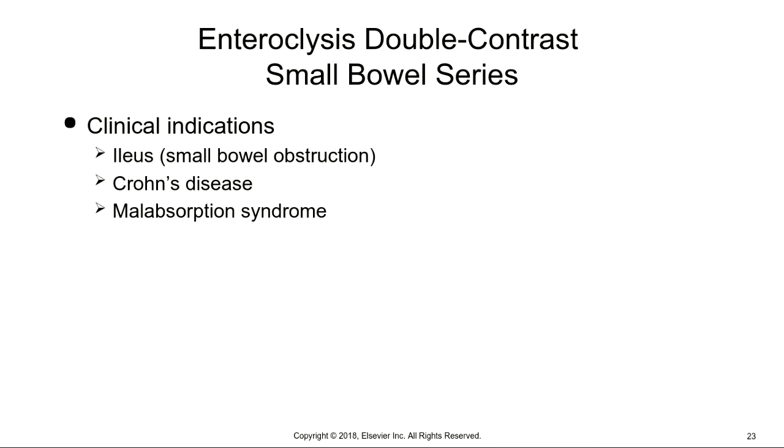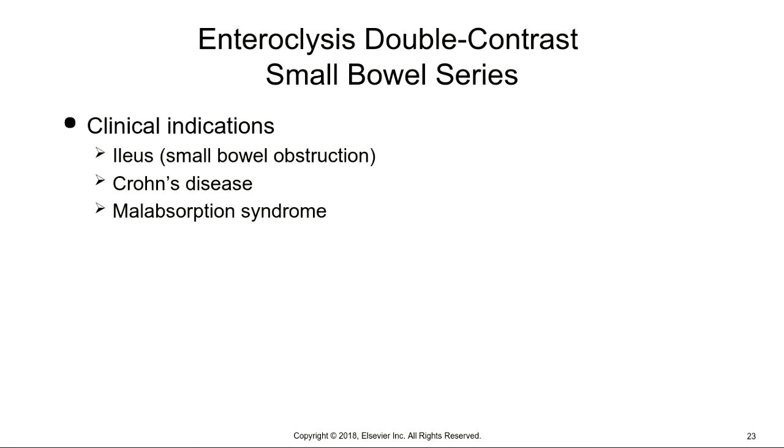Remember, mal typically means bad, so bad absorption. A lot of times with malabsorption syndrome, the patient has weight loss, they're not retaining any of the nutrients, and it's hard for them to put on weight. Those would be some of the reasons that they might order an enterocolitis.